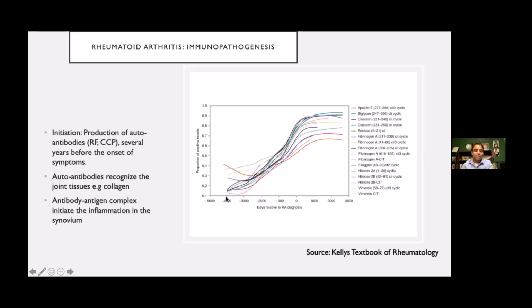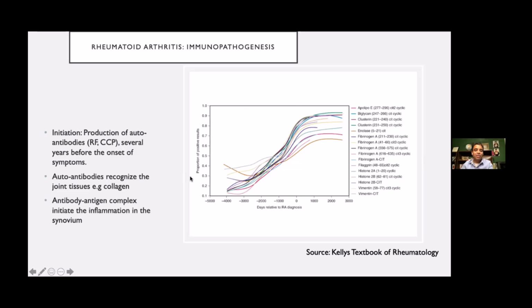You start producing autoantibodies, and then down the road, the level of autoantibodies gradually increases. At some point, when you have the right environmental trigger, then you have the clinical signs and symptoms of rheumatoid arthritis.